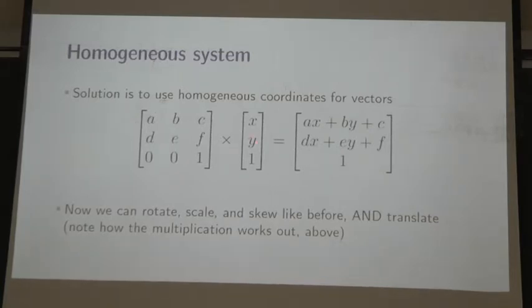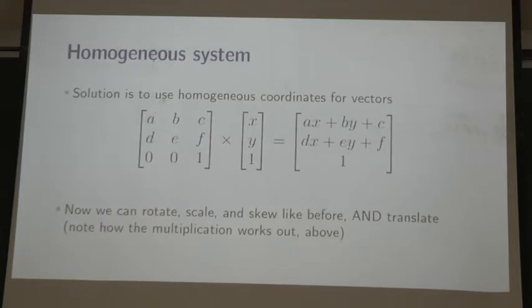Because I have a 3 vector here, I make this matrix 3 by 3 rather than 2 by 2. But I keep the last row as 0, 0, 1 because the last row is going to be multiplying by this and I don't need to change that. And so this C and F now actually becomes translation. Why? Because notice what will happen when I multiply this. I'll have A times X plus B times Y plus C, because it's C times 1.